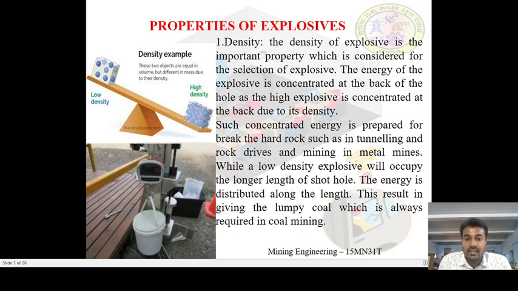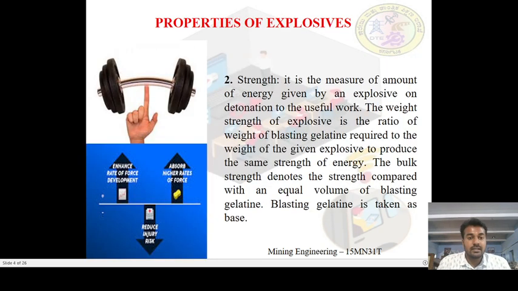If it is high, then that particular explosive is concentrated at the bottommost part of the hole. This is the reason we say the density property of an explosive is most important in choosing an explosive based on the different criteria or utilization.